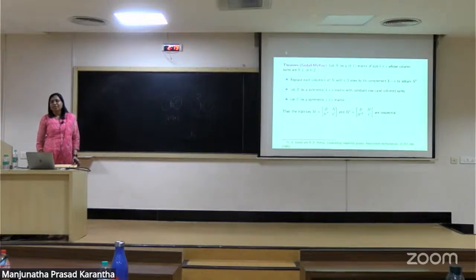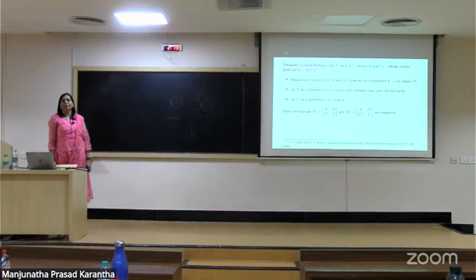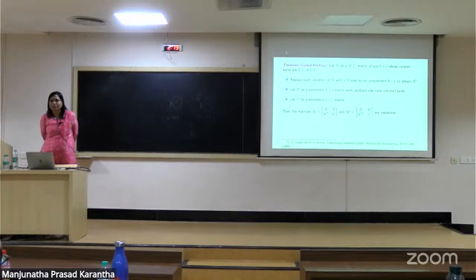Then using N dash I can make another matrix in a similar way. B and C are fixed, only in place of N I put N dash. Then both the matrices will be similar matrices, so they have the same spectrum.